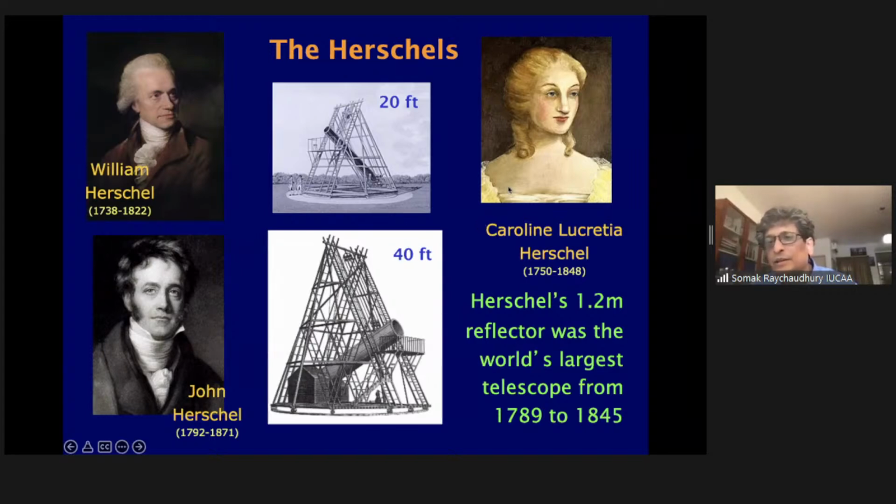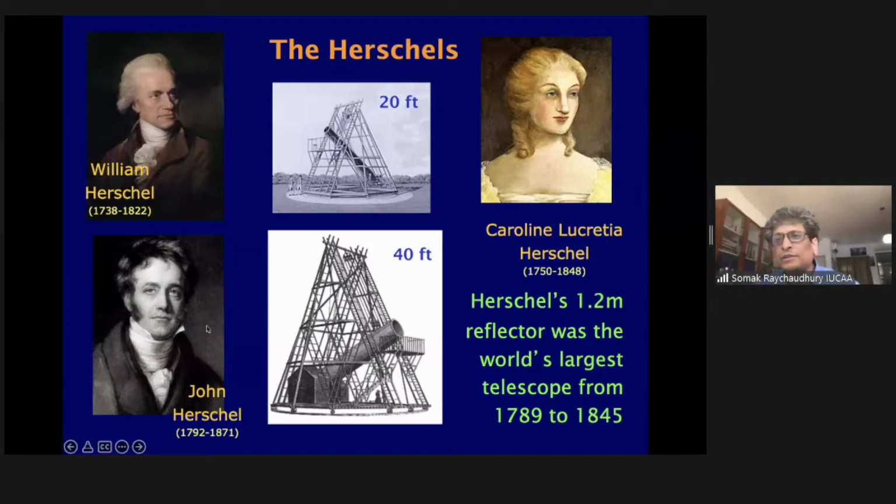Caroline, his sister, was actually looking through the telescopes as an amateur astronomer too, and she discovered 8 comets. William Herschel didn't discover any comets, but he, of course, discovered a planet, Uranus, which made him famous as an astronomer, in addition to being a physician.